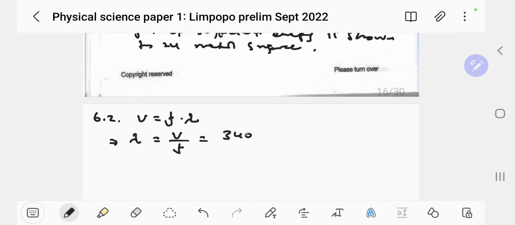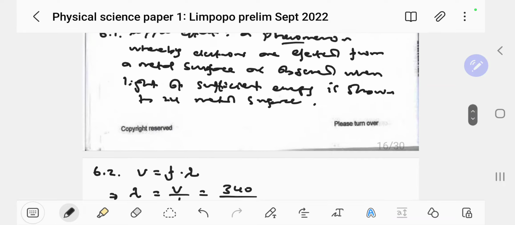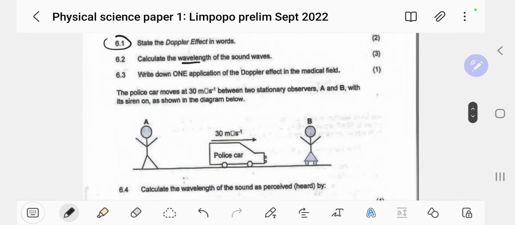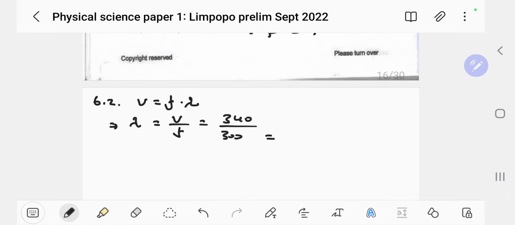Our velocity is 340, or speed. Frequency, we got 300 hertz, right? So let's deal with this wavelength and find it in meters. So we have 340 divided by 300. So we're getting something like 1,13 meters.